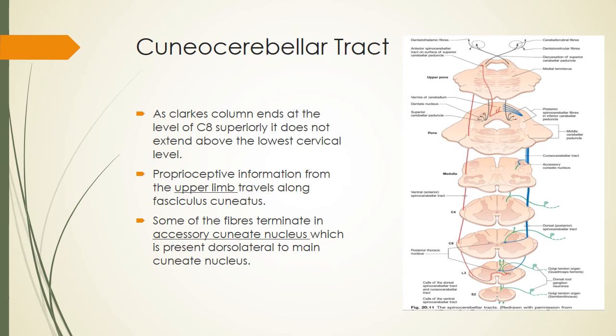The accessory cuneate nucleus is present posterior to the main cuneate nucleus in the medulla oblongata. So some of the proprioceptive fibers which have to reach the cerebellum will terminate in this accessory cuneate nucleus.